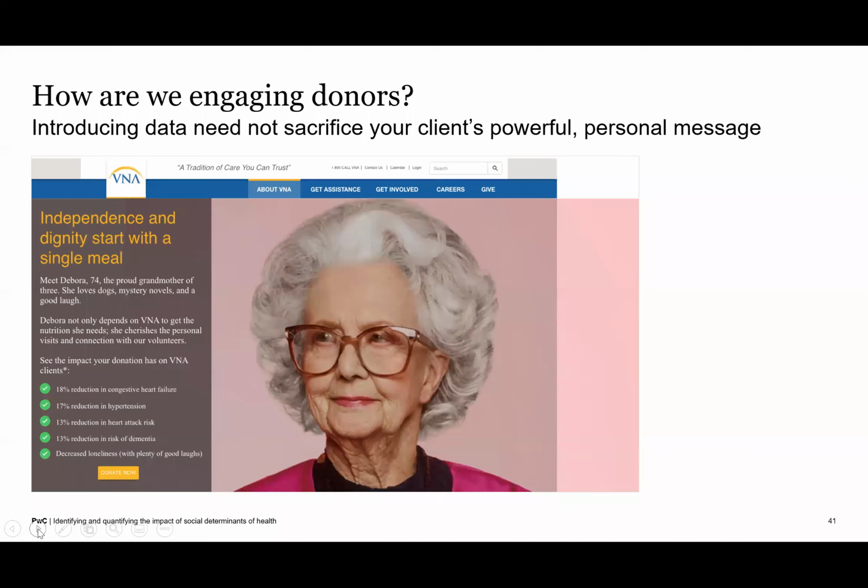If we can marry those two messages together, we can say, here's the client, here's a story about that person, here's who they are, where they live and what they do every day, but also that supporting this program will support this particular person, and it'll also have these quantifiable impacts. I think that's been a powerful message, not just to donors, volunteers and people who already support us, but it's the ability to go out and show others the impact. So that's been super important.